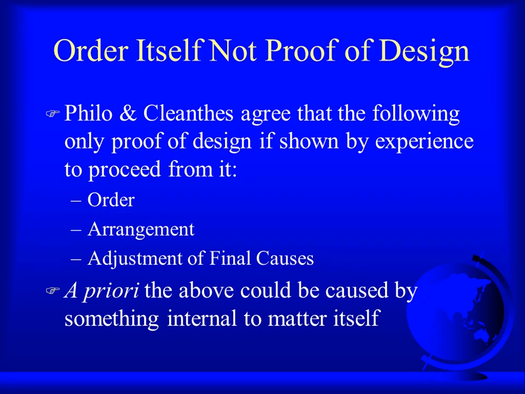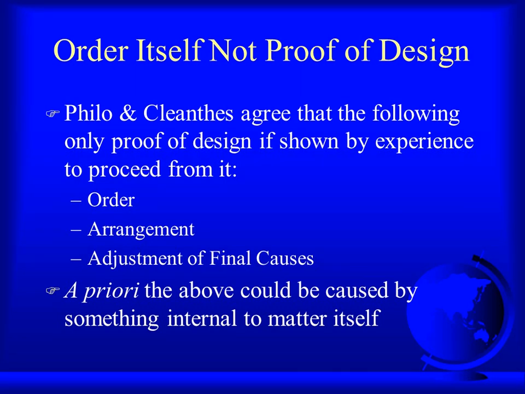So here he makes the point that Paley says we reject about the watch, that there could be something internal to matter itself that would cause this. But of course, this is one of the chief assumptions.